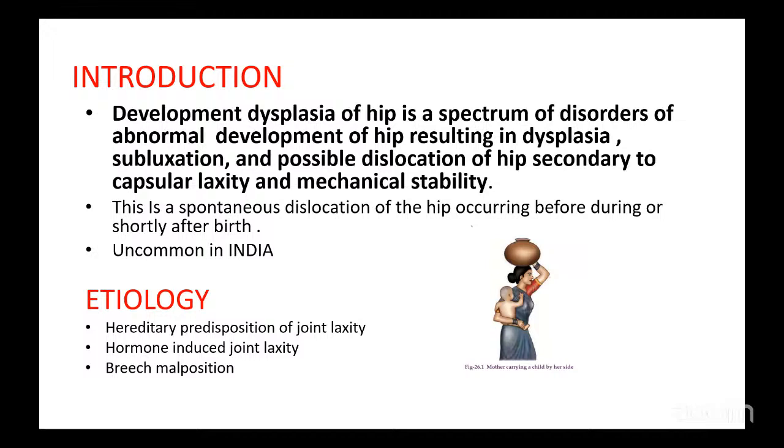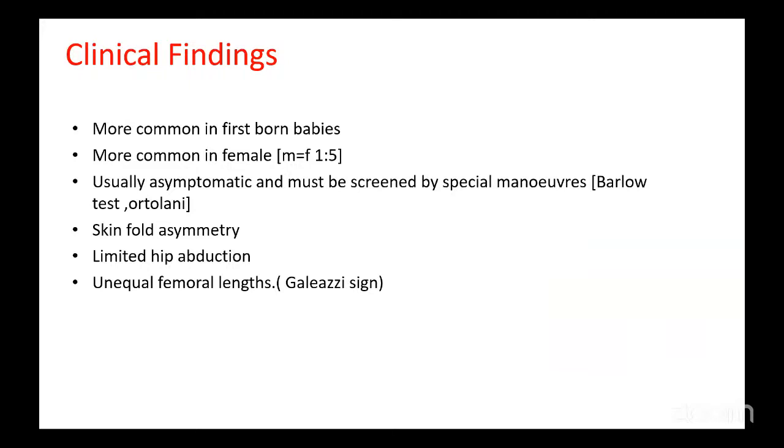So etiology: hormone-induced joint laxity, mainly estrogenic, malposition in the uterine cavity such as breech, and a hereditary predisposition to joint laxity where collagen metabolism is involved, connective tissue disorders. Among the clinical findings, it commonly affects firstborn babies, and females are more affected than males.